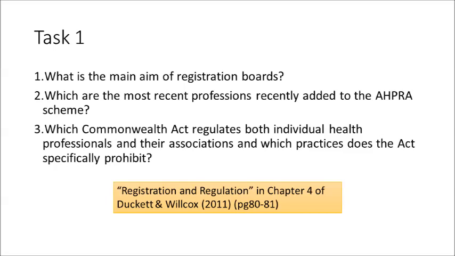A hint here is cross-check the professions listed in the Duckett textbook when you're reading it, and those on the previous slide, which list all 14 professions. And 3, which Commonwealth Act regulates both individual health professionals and their associations, and which practices does the Act specifically prohibit?